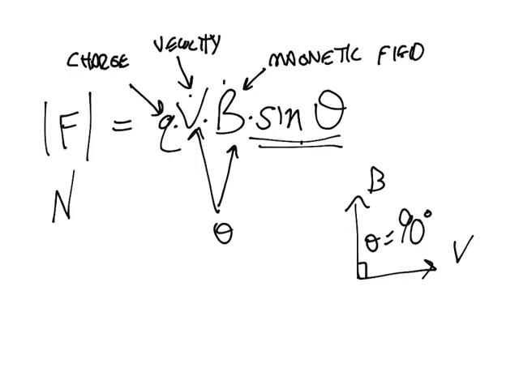Sine of 90 is 1, which means that F in this case is just Q times V times B. Again, in this direction, your fingers are the magnetic field, your thumb is velocity, so the force on this charge is out this way.